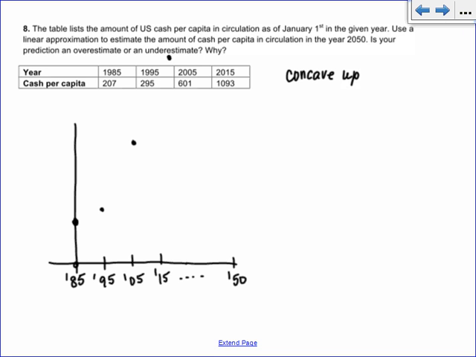If f prime is increasing, that means the slopes are always getting bigger. So you could find the slope between these 2 points, the slope between these 2 points, and the slope between these 2 points, and you would see that they are definitely getting bigger. Do you guys understand that? Okay, so that would be like a justification. So the slopes of f are increasing.